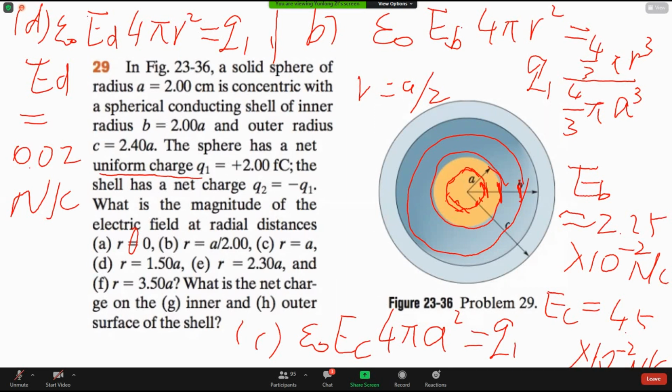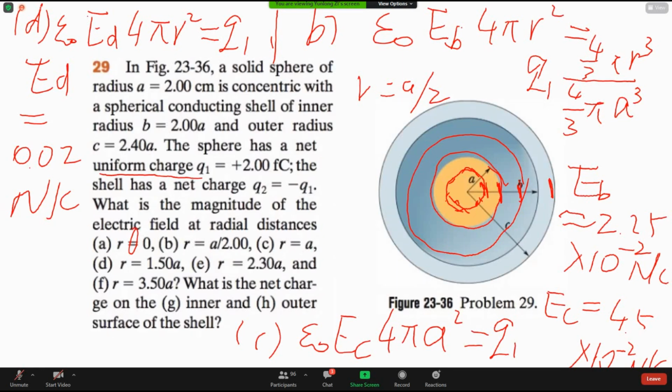Then let's take a look at the electric field at E. r equals 2.3a. So where is 2.3a? B equals 2a, C equals 2.4a, so 2.3a is somewhere here, inside the shell.